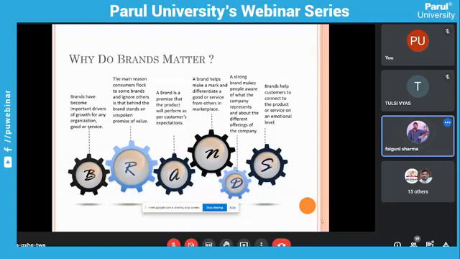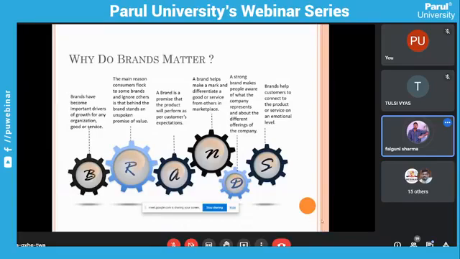The main reason consumers flock to some brands or ignore others is that behind the brand stands an unspoken promise value. That is what creates the difference between a brand and a product, and makes a consumer flock to or ignore things and focus on the promise a brand gives them.